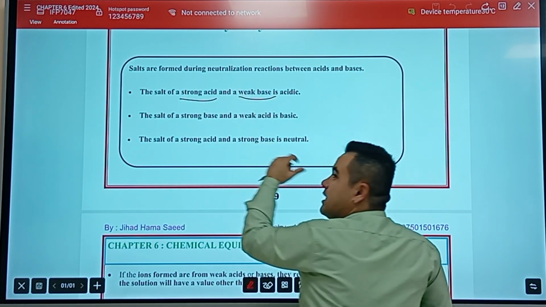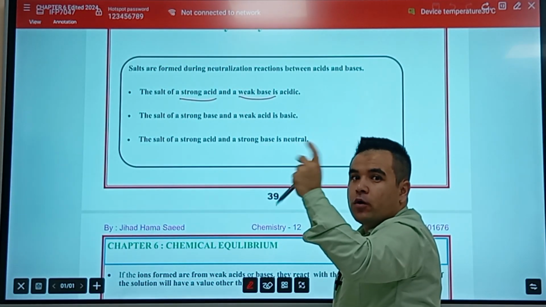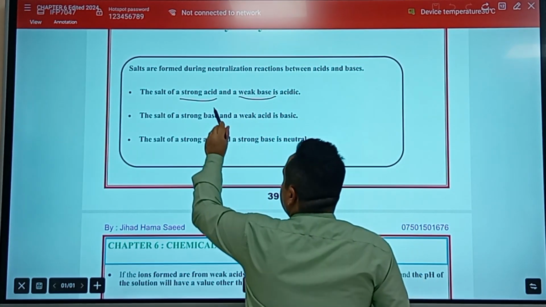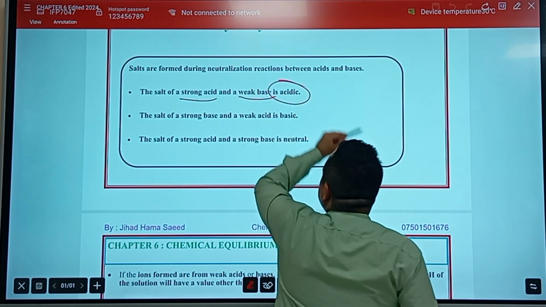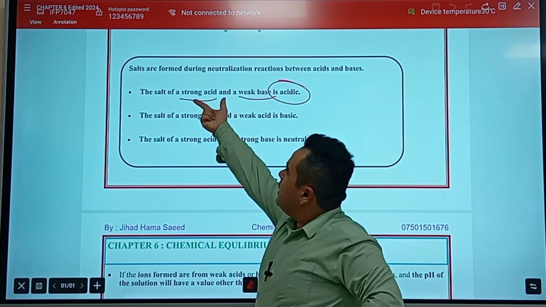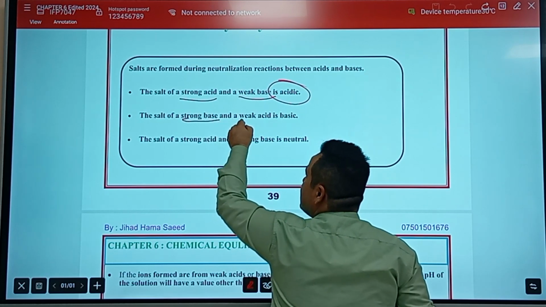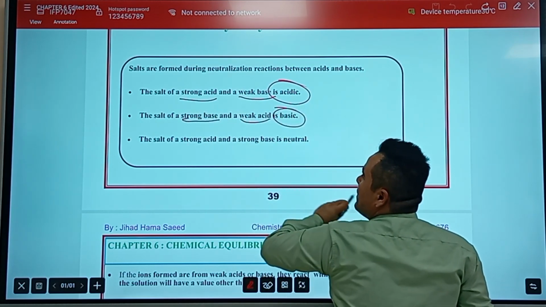If either the base or the acid is strong, the salt takes the nature of the strong one. So in this case, the strong acid and weak base give an acidic salt, because the strong one is the acid. The second, a salt of a strong base and a weak acid: the base is strong, so it is basic.